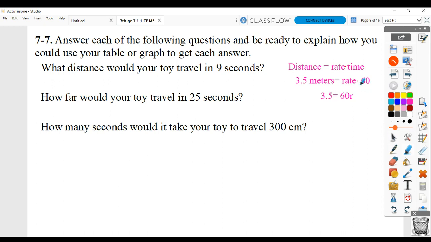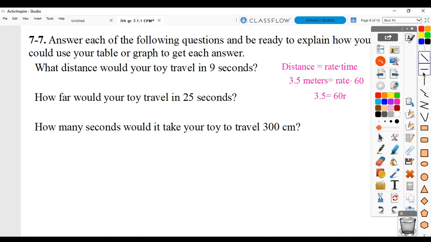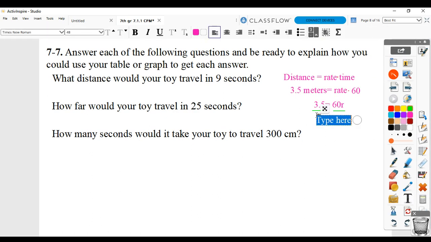Now, we know how to solve this equation. This is an algebraic equation. This would be sort of our last step where we get to the point where we have a number equal to a coefficient times a variable. And we know that the way to solve that is to divide by the coefficient. In other words, in this case, to divide by 60. Remember, you want to divide by 60 because we want the value of 1R.